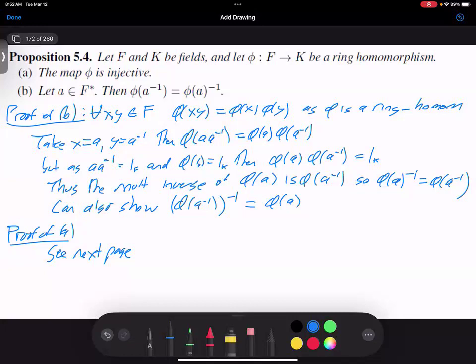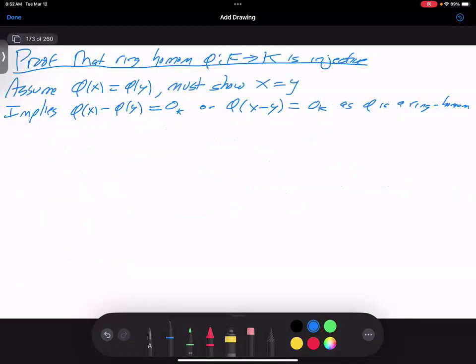Again, this is just trying to give you a sense of how I would look at a problem like this. For the second one, it seemed natural that I would want to use multiplication. Maybe for the first one, I want to use addition somehow. So we know x minus y gets sent to the 0 element.